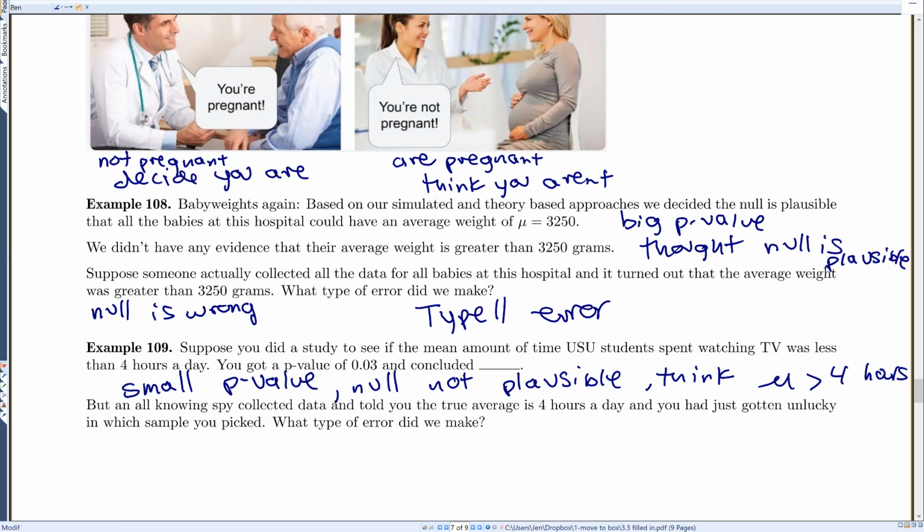But then let's suppose that some all-knowing spy, like Google or something, collected data and told you the true average is actually 4 hours a day, and you had just gotten unlucky in which sample you picked. So what type of error did you make? So again, we had a small p-value, but we made a mistake, so that's type 1.